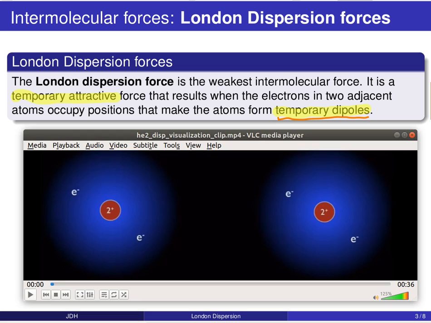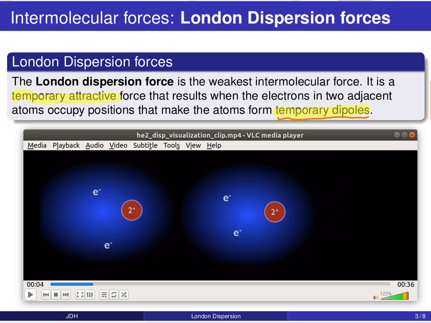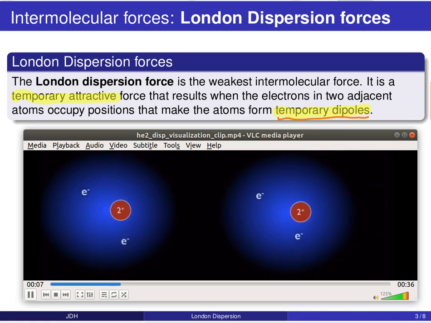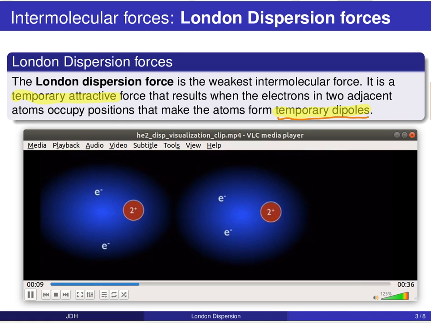Now, when we move those atoms closer together, that electron density shifts over. The electrons of the helium atom on the right are attracted to the nucleus on the left. So if we see that again, those electrons are coming in, and that attractive interaction is giving rise to essentially a polarization or an asymmetry building up in the electron density around that second helium atom on the right-hand side.